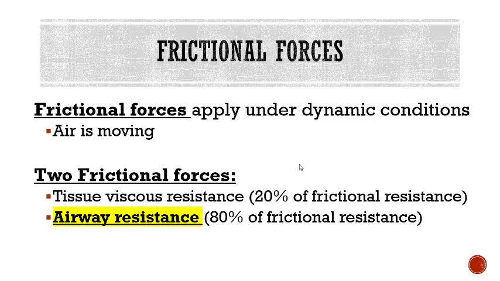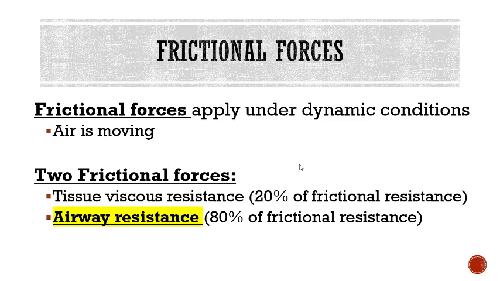I gave the example of the parietal pleura and the visceral pleura, where there's fluid in between them to lubricate the movement of the lungs inflating and deflating, hopefully eliminating some of that frictional resistance.